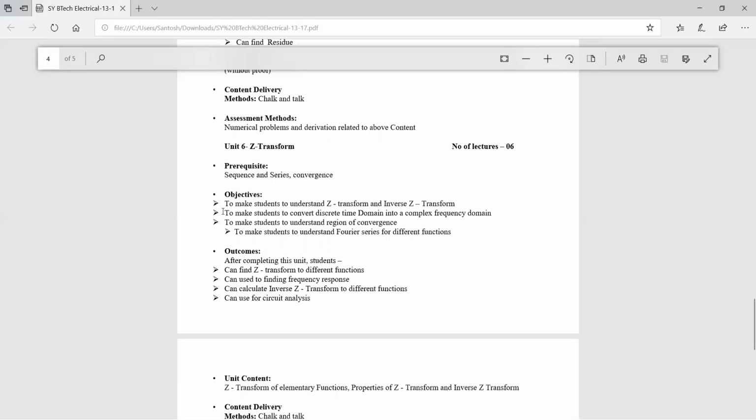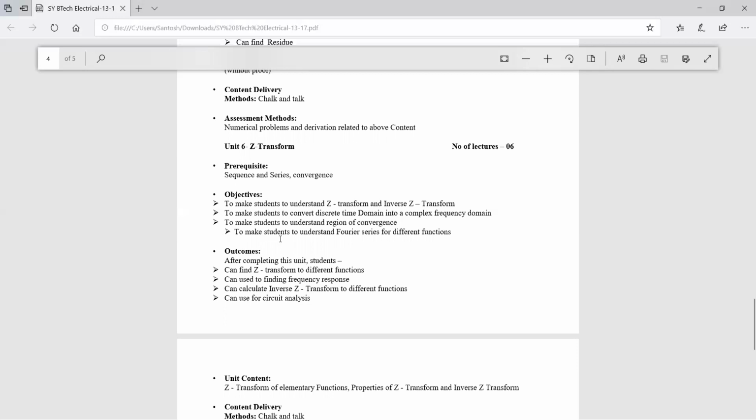Objectives: to make students understand the Z transform and inverse Z transform, to convert the discrete time domain into the complex frequency domain, and to understand the region of convergence, that is, the region in which a given series or Z transform converges. This is the main objective of the Z transform.